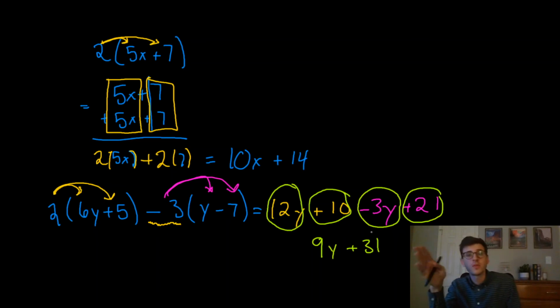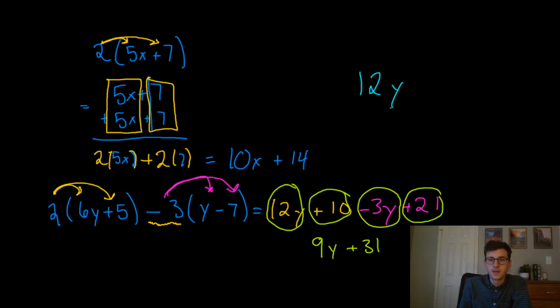So when you distribute, make sure that you carry those negative terms, but also make sure that you're only combining the like ones, right? If I have 12y, this is called a coefficient.